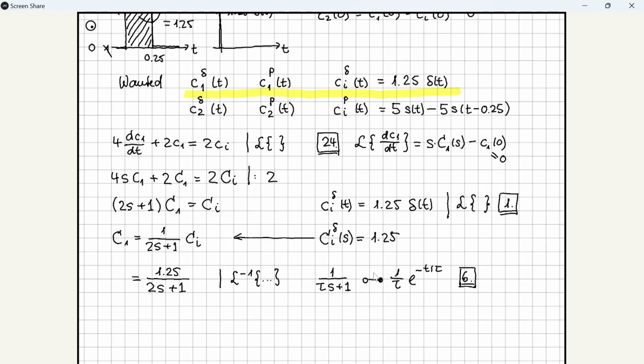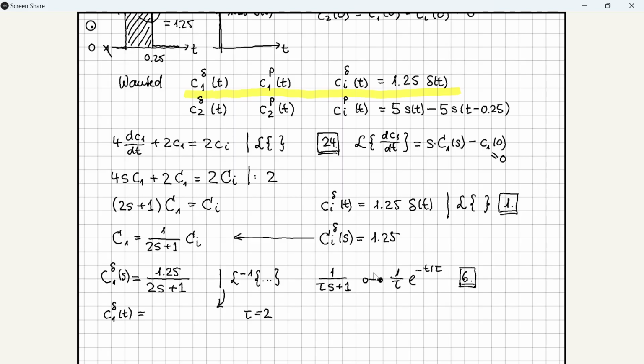Okay, so I stick this in here, and I get C1 delta of s. And if I do the inverse Laplace transform, I get C1 delta of t. And that is equal to, well, my tau here is 2.